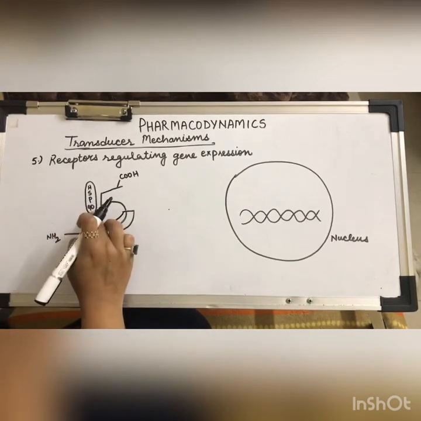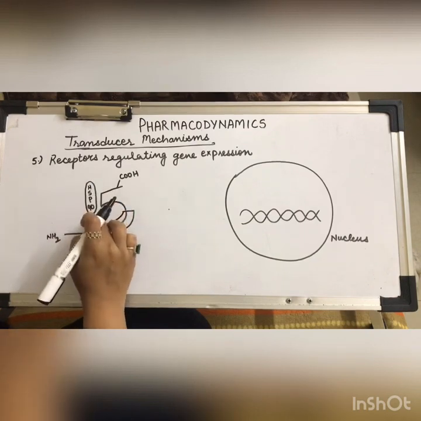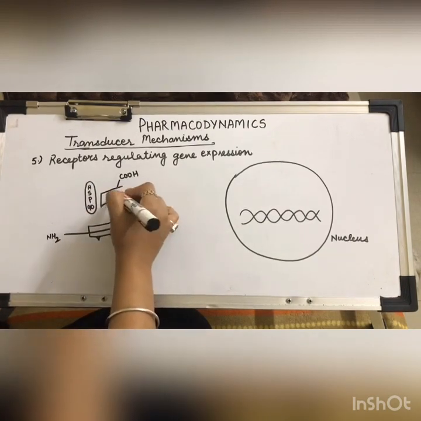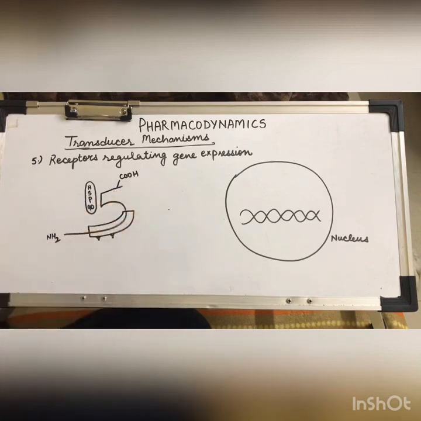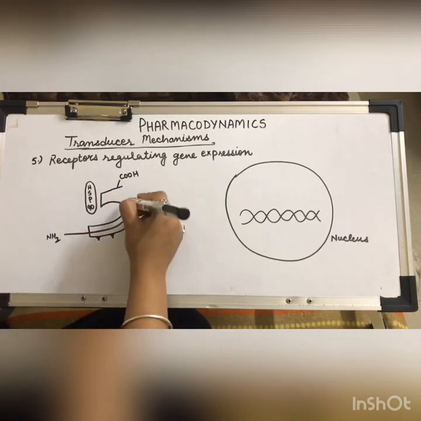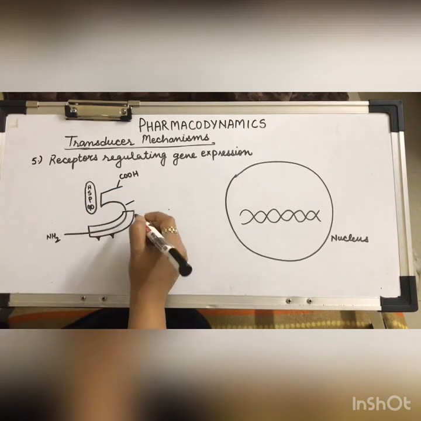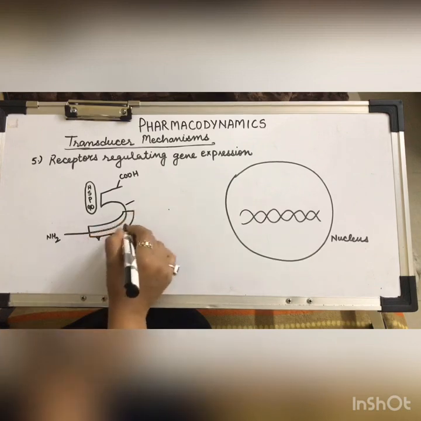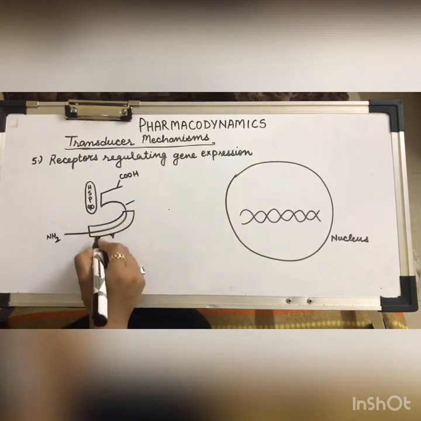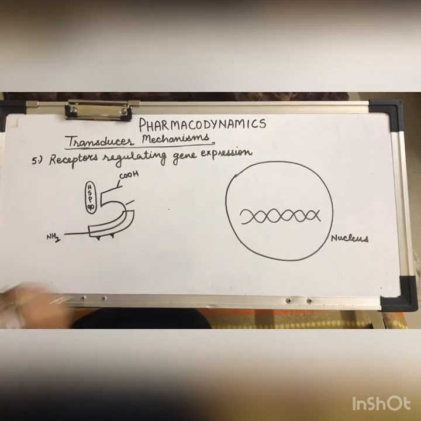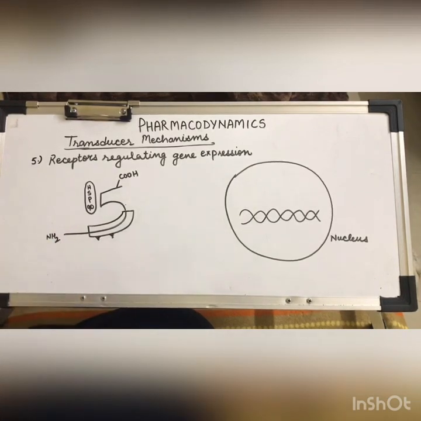So they are attached with these complex proteins, and on the carboxy terminus they have a binding site, and this is also known as the hinge region. After this we have a DNA binding site which has two zinc fingers, and then we have an amino terminus. Now let's discuss the process directly.